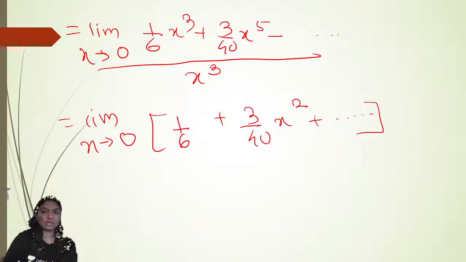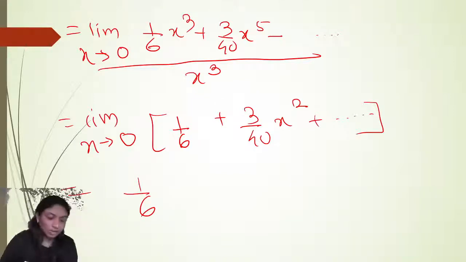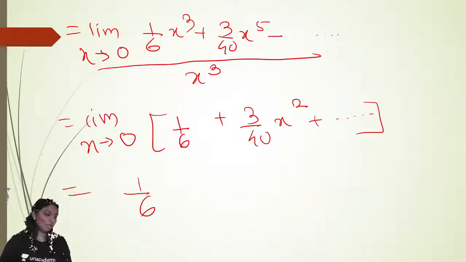So every term will contain x. Putting limit as x tends to 0, it gives you 1 by 6. I hope it is clear to you how to get this for the function f of x equal to (sin inverse of x minus x) upon x cube. If you are given a limit in this form, by using the expansion of the given series we can find out the indeterminate form.